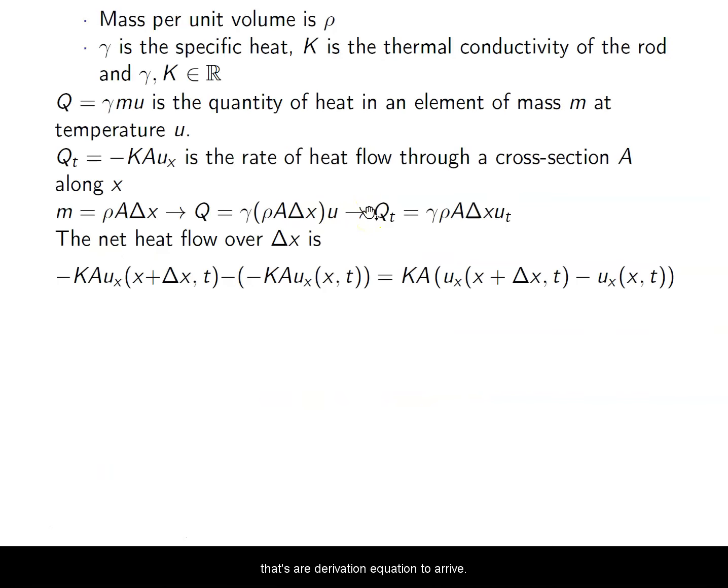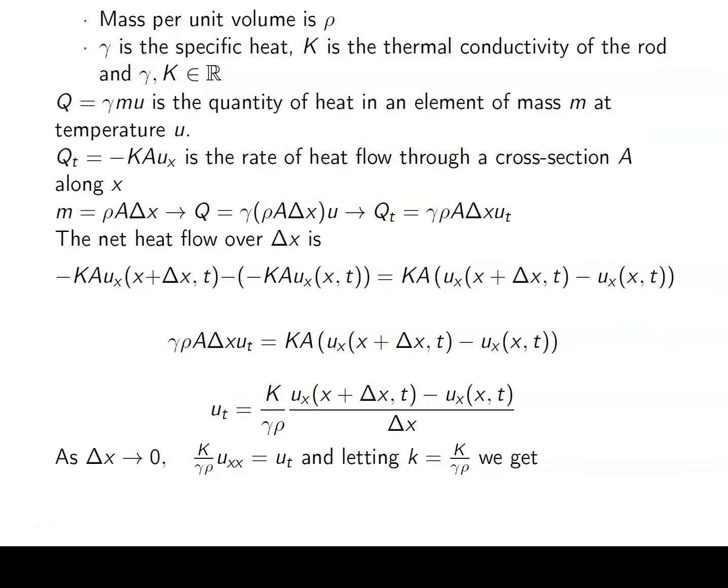So that's our derivation of the heat equation through a rod, okay? Here we let little k equal this constant because this is just a constant anyway. So we get that equation that we had, okay?